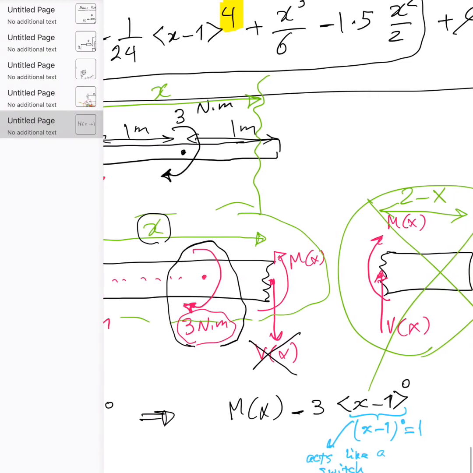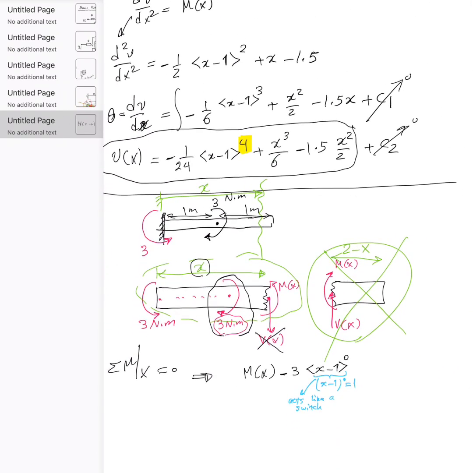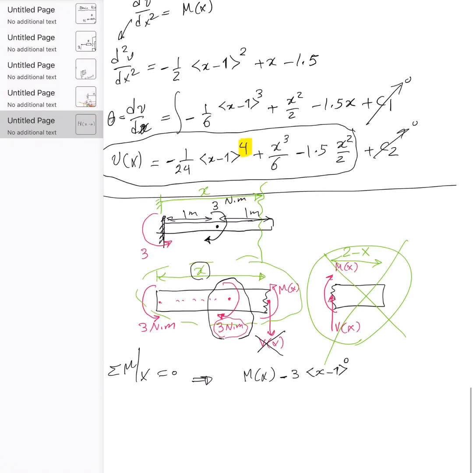So let's put it together. Let's go back. So you get this Heaviside function to power 0. Okay? And then the next thing that I want to include is the couple moment 3 in the wall. What should I write? Well, I simply write plus 3 because this doesn't need a switch. It's always there.